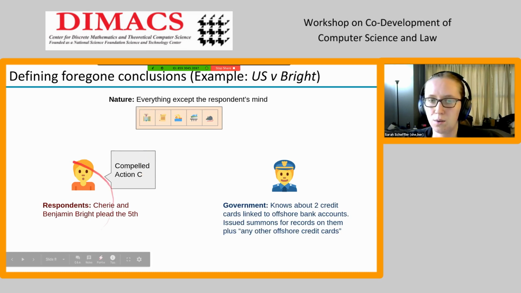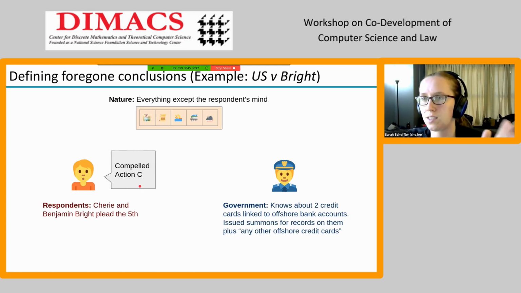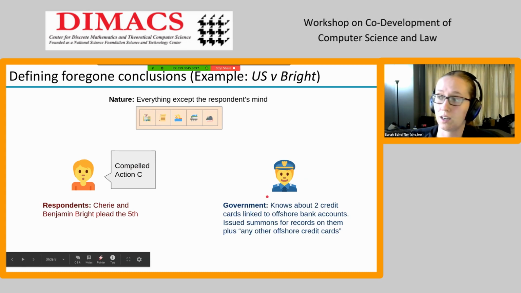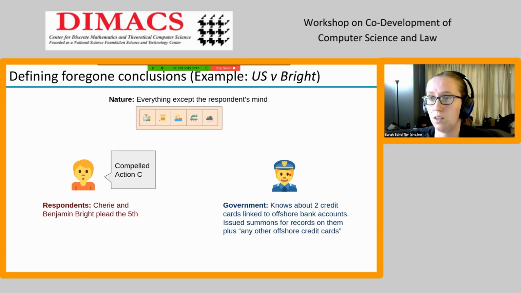There's the respondents, who are the ones who are being asked to do the action. And the respondents want to show that whatever this compelled action is, it inherently discloses the contents of their mind, and thus this should be protected under the Fifth Amendment, and they should not have to be compelled. The government then claims that whatever this action is, it's a foregone conclusion, and it doesn't rely on the contents of the respondent's mind, and therefore they should be compelled to do the action.